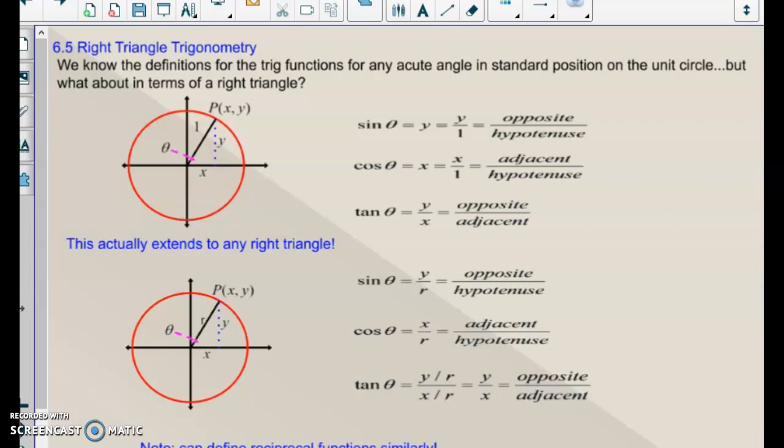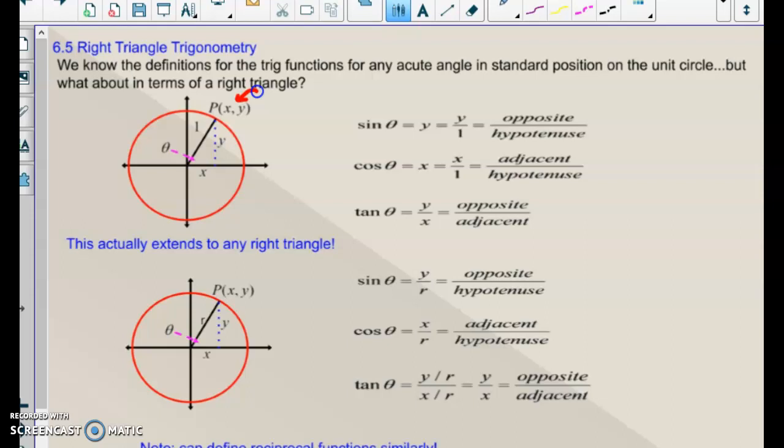So we know that the sine is the y value of any point on here, and we filled in our unit circle earlier with x and y values, and those were the sine and cosine. The cosine is the x value, the sine is the y value, and the tangent is the sine divided by cosine. So we didn't put the tangent in there, but we certainly can.